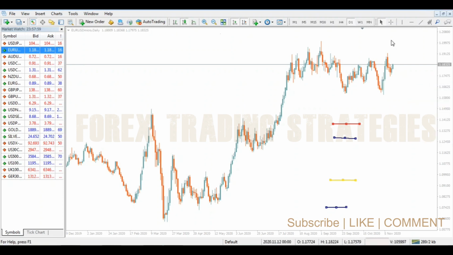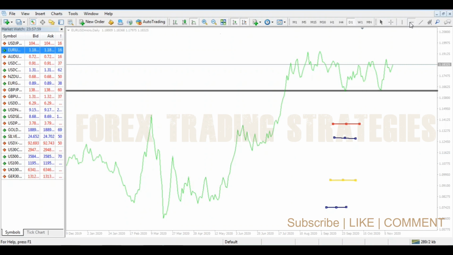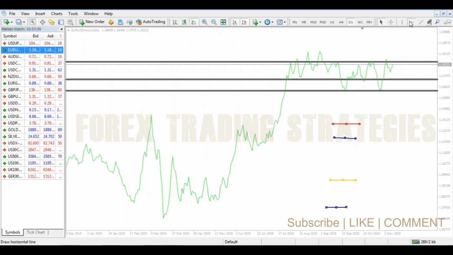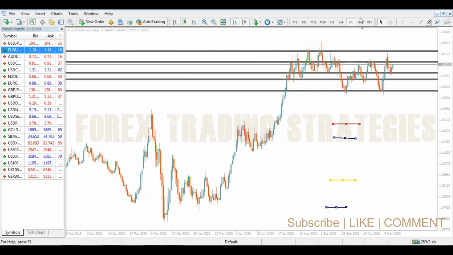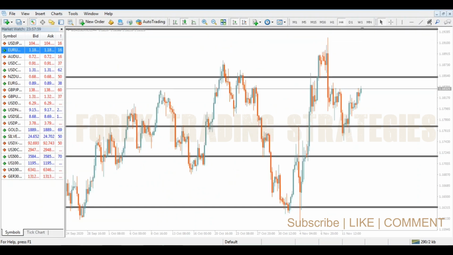Okay, so now we are on Euro USD and it's a daily chart, and let's look for our levels, zones. I previously said these zones are not precise. They are areas of interest. Then we go back to the 4-hour chart.